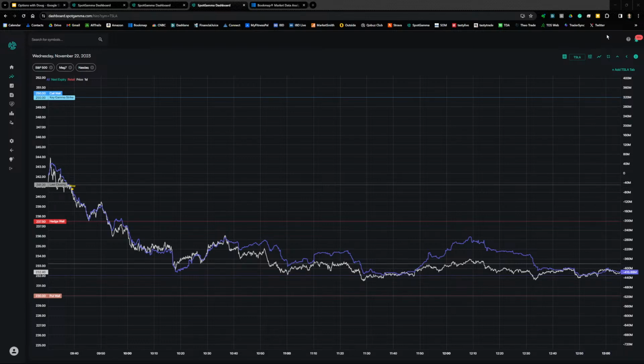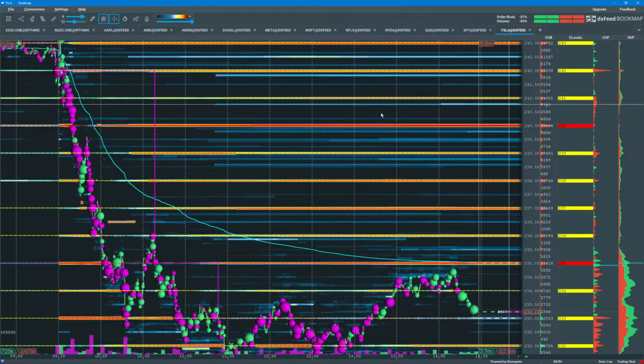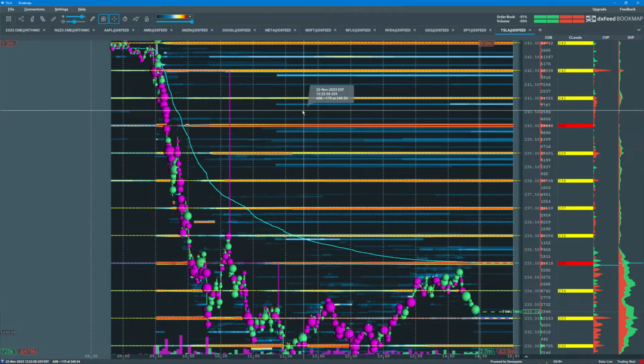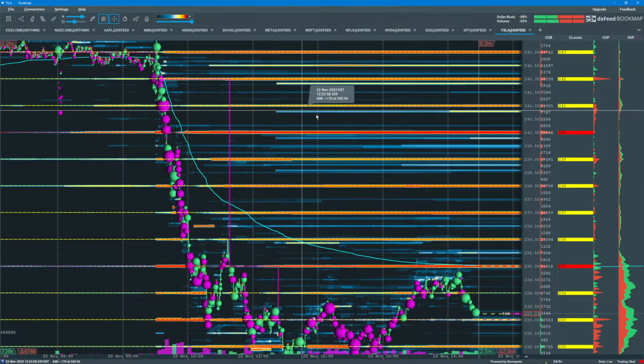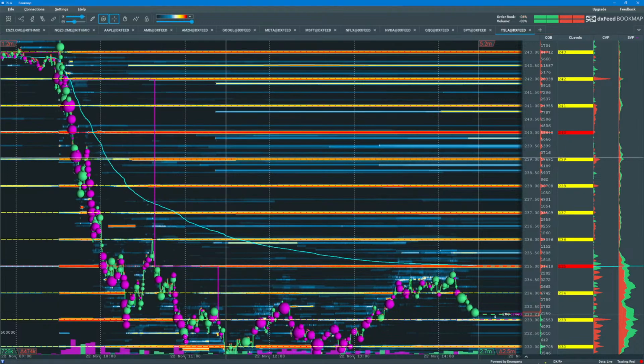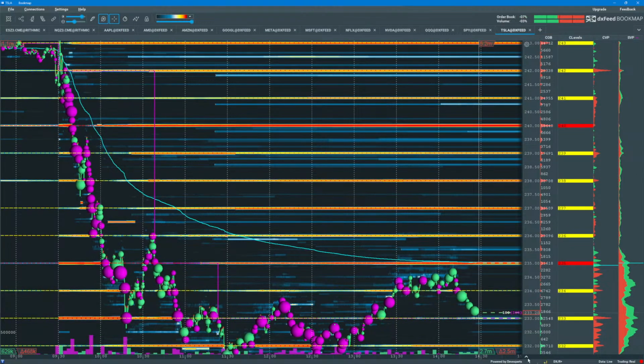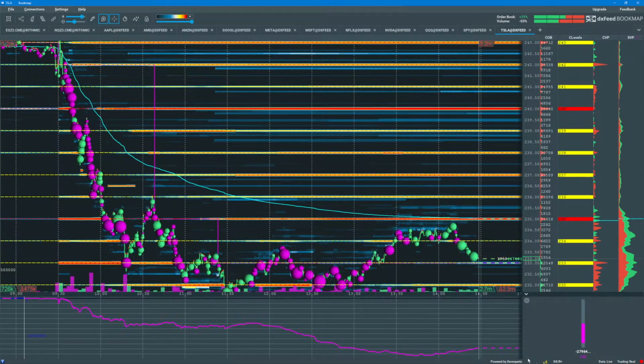Let's go back to Bookmap. Let's take a look at cumulative volume delta, CVD. Also trending down for the day.